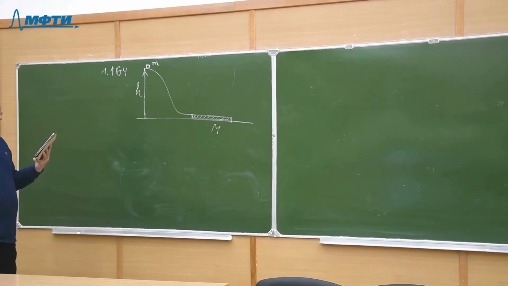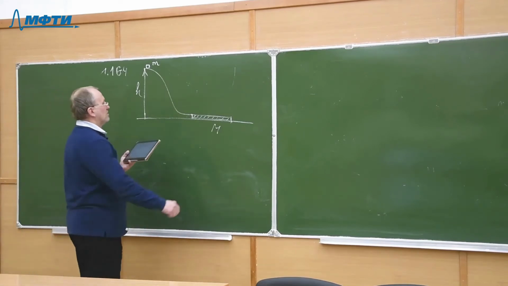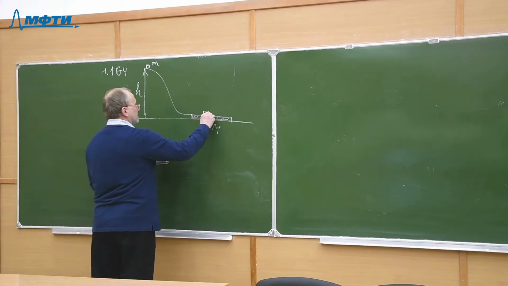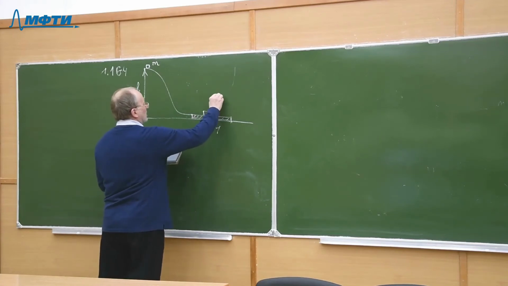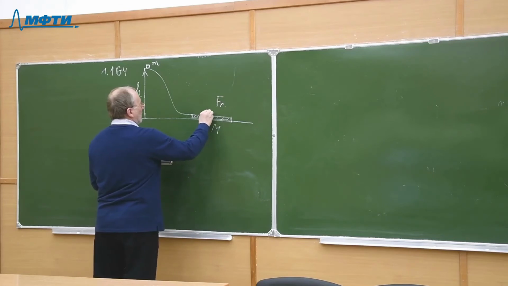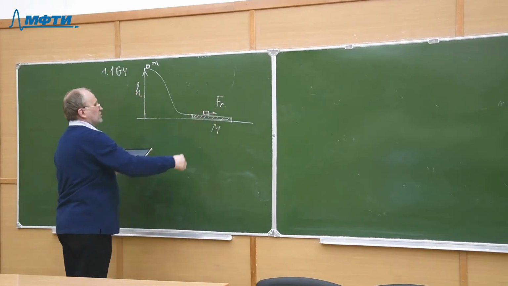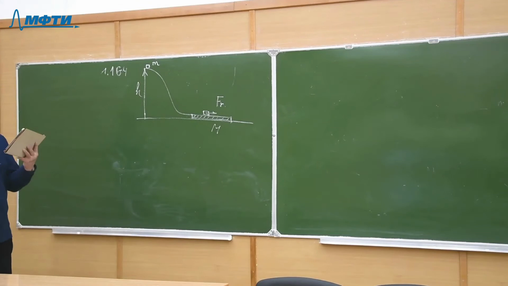Due to friction between the disk and the plank, so here there are forces of friction when the disk is here, the disk slows down and, beginning with a certain moment, moves in one piece with the plank.